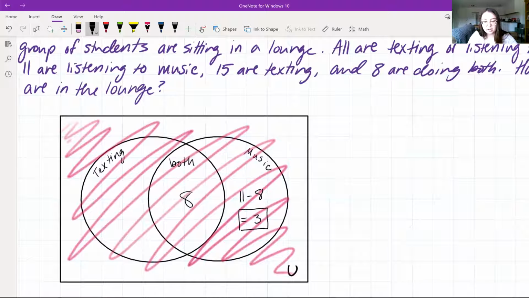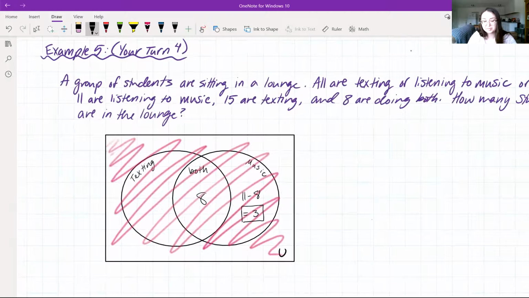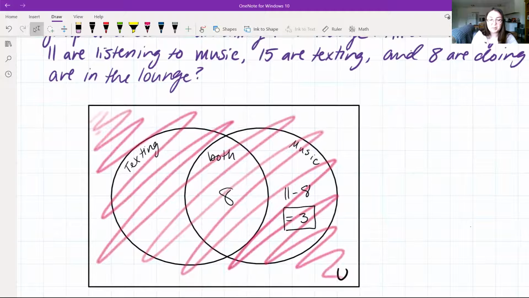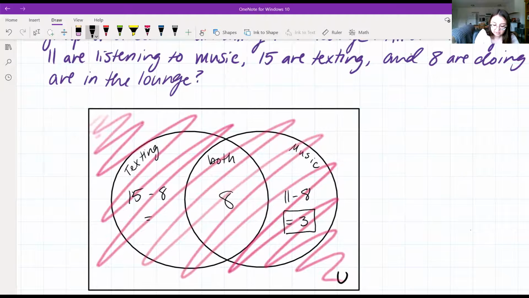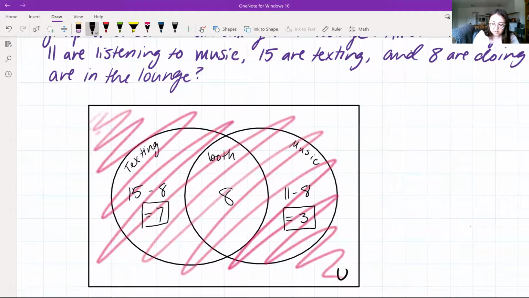So 3 are just listening to music. 8 are listening to music and texting. So now let's find the value of people that are texting. So we have 15 people are texting, 8 are doing both. So we subtract 8, and we end up getting 7.